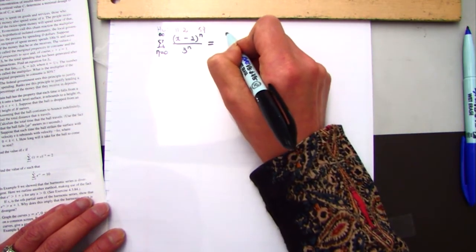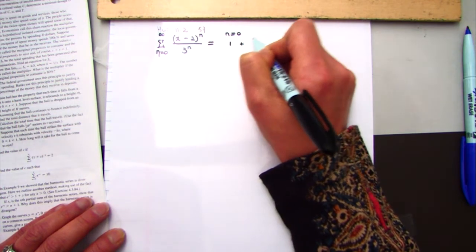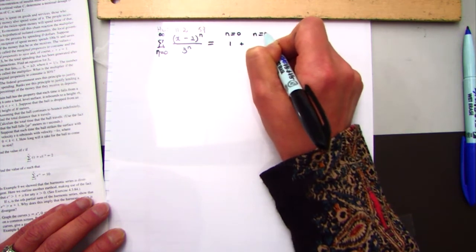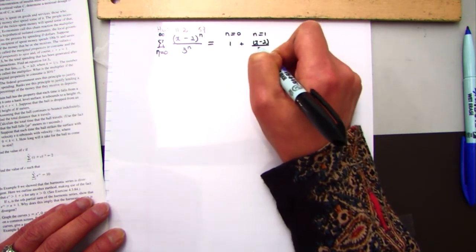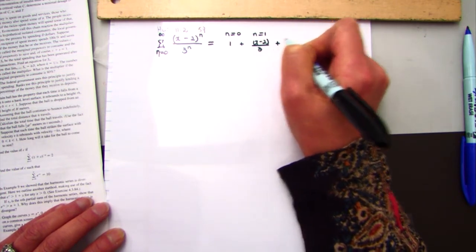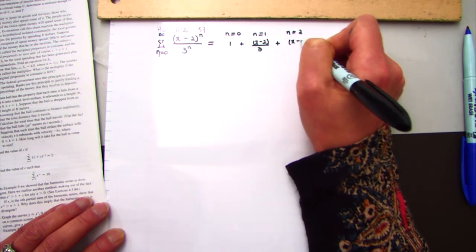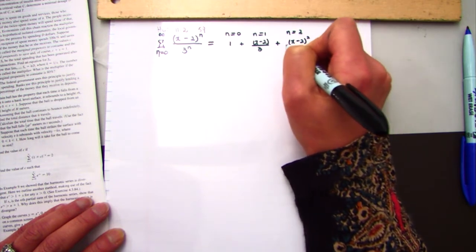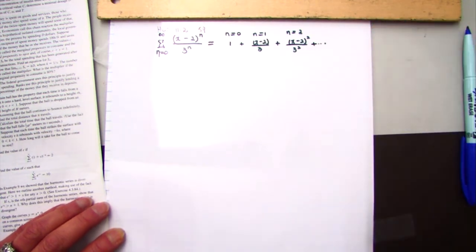Ready? N equals 0, 1, plus, n equals 1, plus, n equals 2, and going forward. Okay.